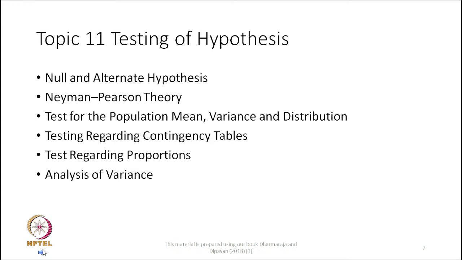And finally, we are going to discuss testing of one particular type, called analysis of variance. That is also basically testing regarding different population means. So, therefore, there is a very particular name called analysis of variance.